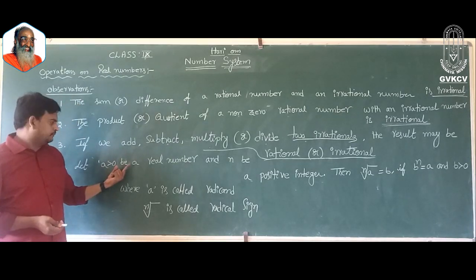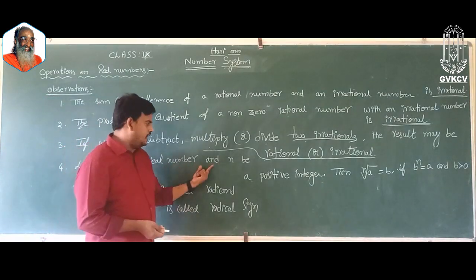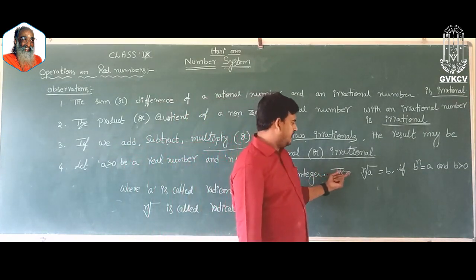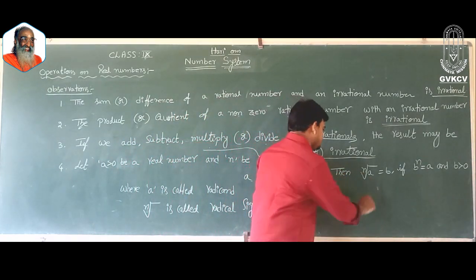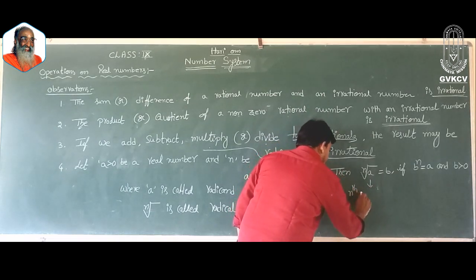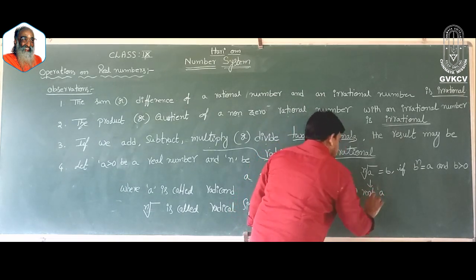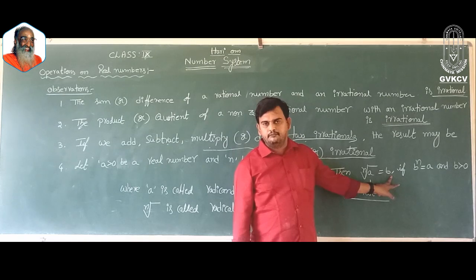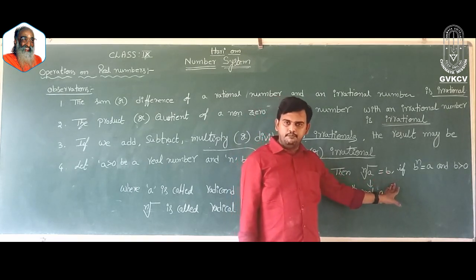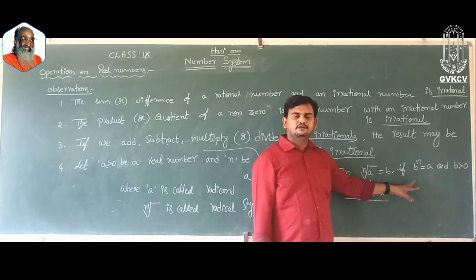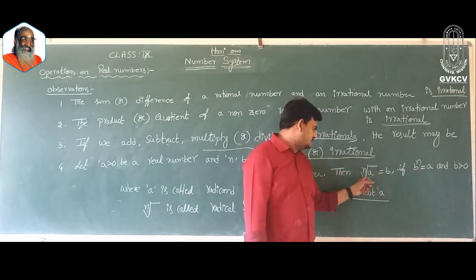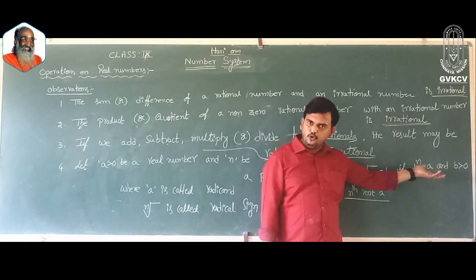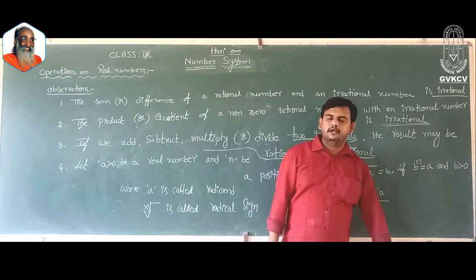Let a be a real number and n be a positive integer, then we read nth root of a is equal to b. Similarly, this can be converted as b power n is equal to a. Here this nth root goes that side, becomes the power of b, means b power n is equal to a, and b is also greater than 0.